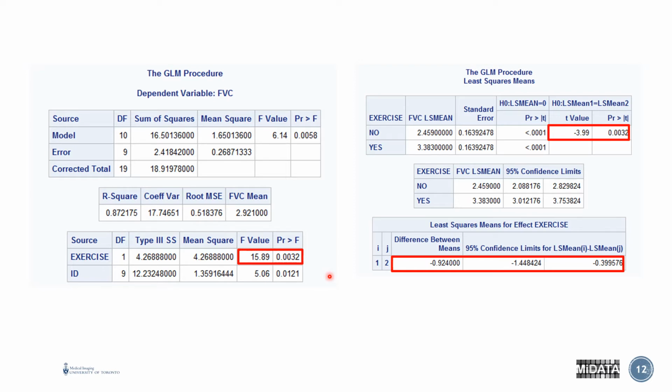First thing I'm going to point out is your p-value for exercise is significant. So there is a difference in FVC whether or not you exercise. If we look at the least square means, which we asked for, which is once again basically a paired comparison t-test, here we're showing that there is a significant difference between the two.